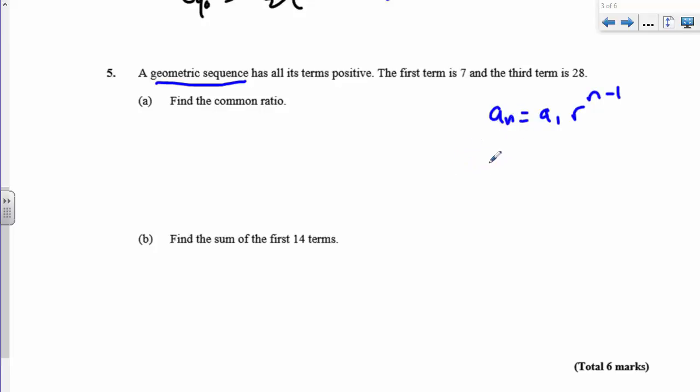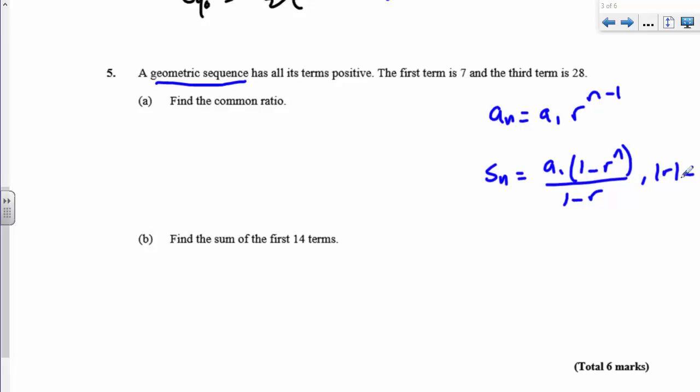We'll do the finite sum formulas. There's 2 of them. It depends on the value of r which one you use, but here they are. We could say sum of n terms will be given as A1 times 1 minus r to the power of n, all over 1 minus r. This is true if the absolute value of r is less than 1. So this is a common formula to use.